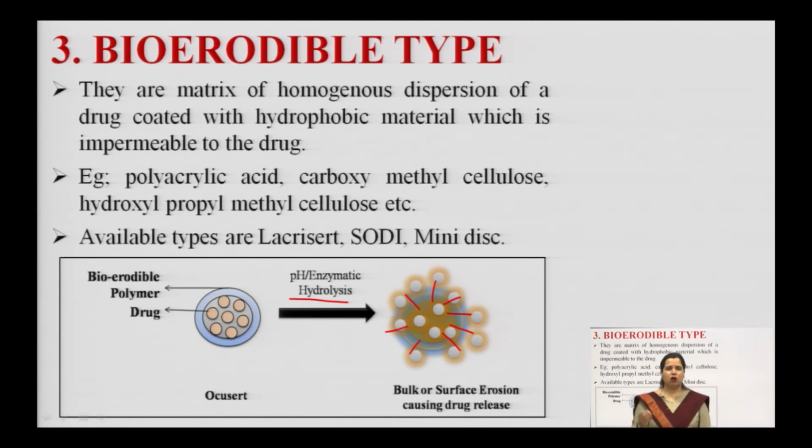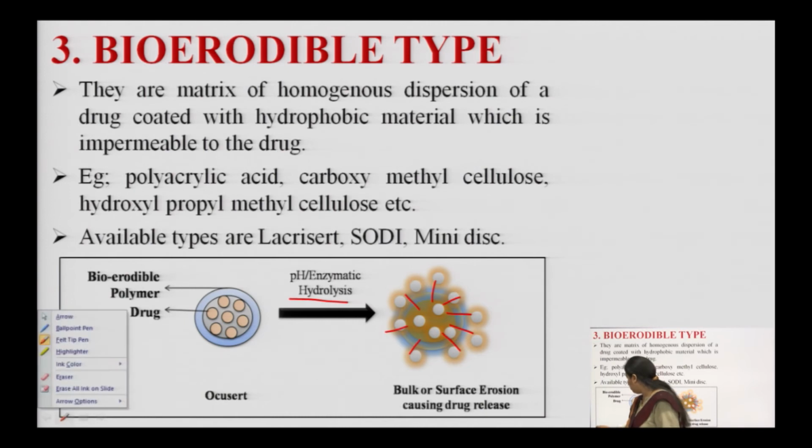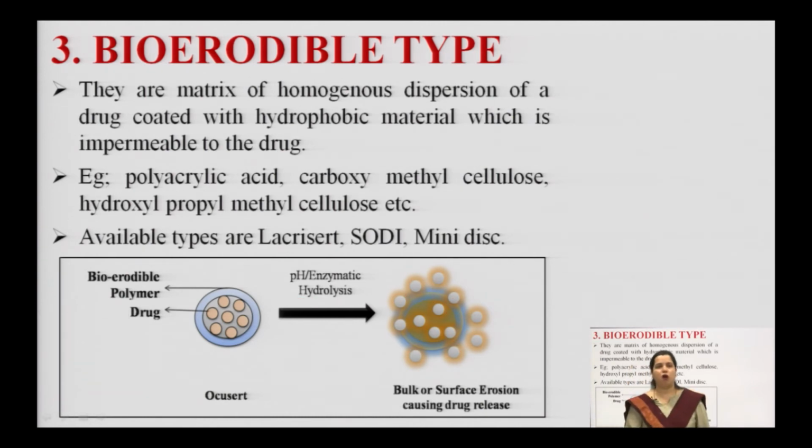That means initially some small pores or channels start forming, and as time passes, all the drug bursts out of the shell. So, this is basically the erosion concept in the bioerodible type.